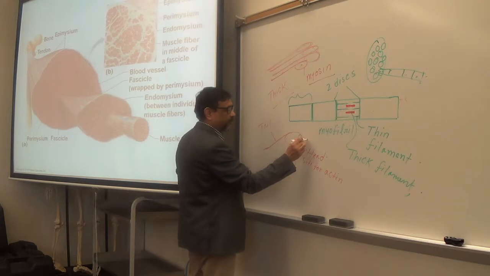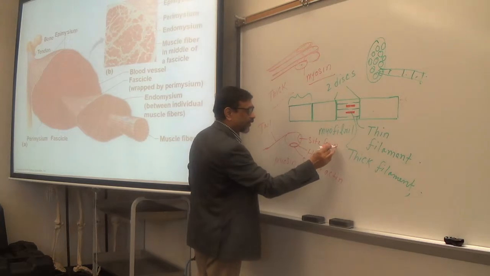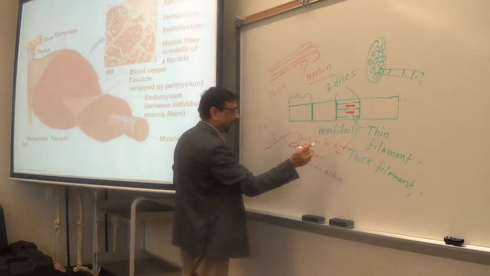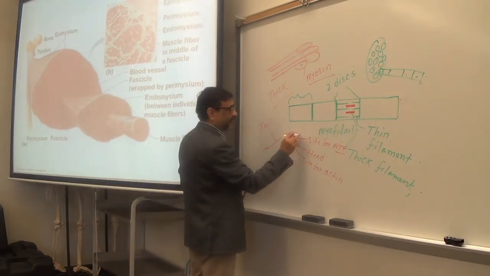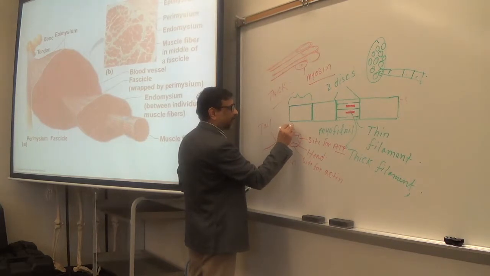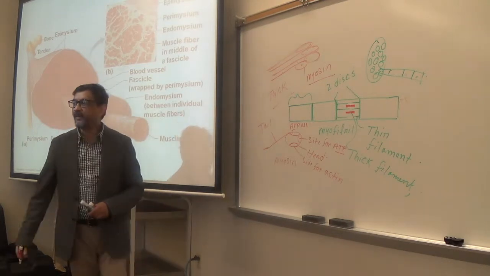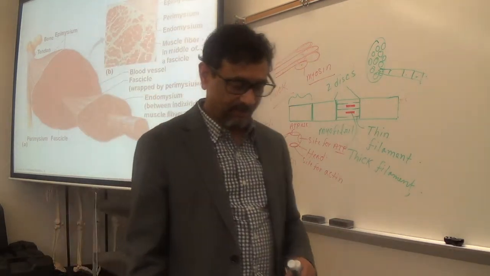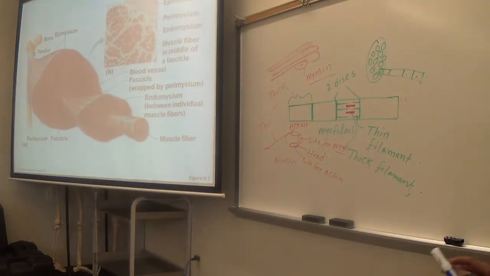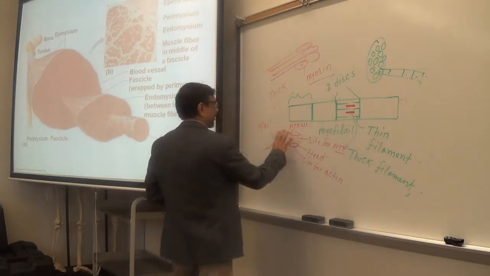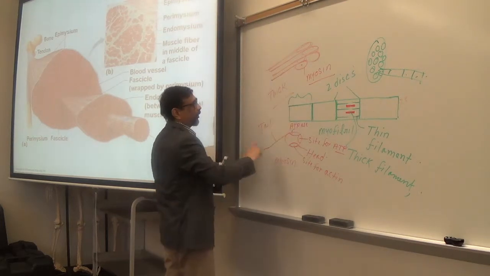Here you have site for ATP, you know, that gives energy, ATP. And there is another site that is called site for ATPase. Okay? So on the head you have 3 binding sites. Okay? So that is how a myosin unit looks like. So many myosin bundled together to form the thick filament.